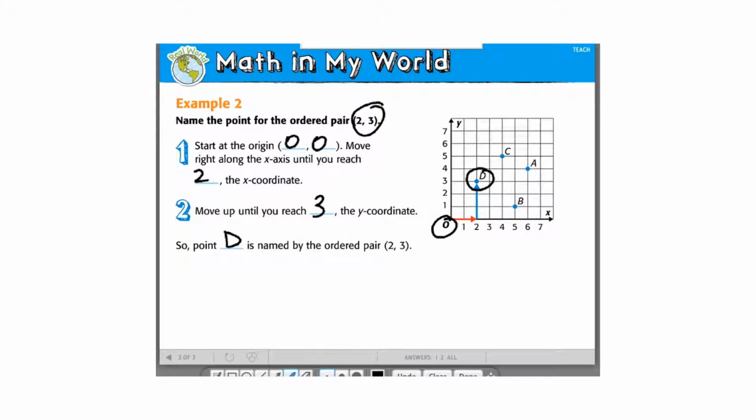So 2 is the x, that's the number you go across. 3 is the y, which is the number that you go up. That's why we wrote these numbers in here. And then we found that D was where we ended up on that point.